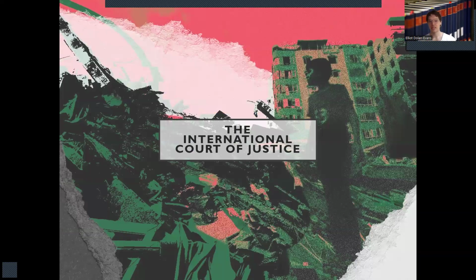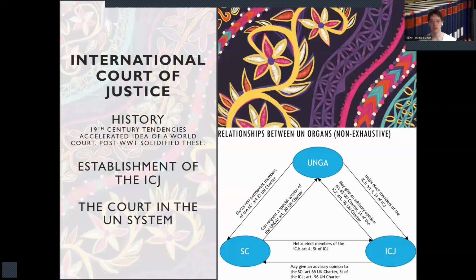So the International Court of Justice. So now I have put in the slides this diagram showing the relationship between the UN organs.